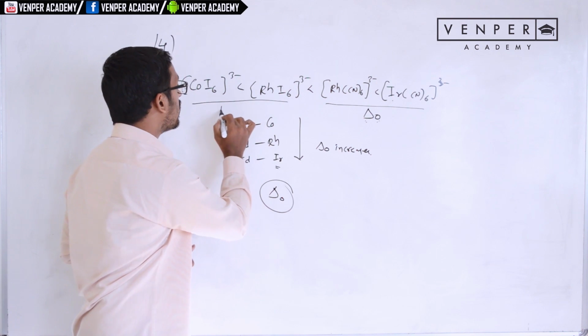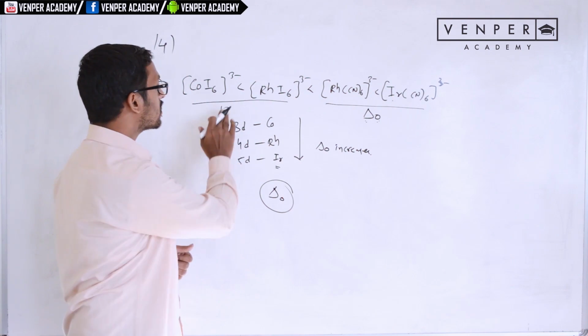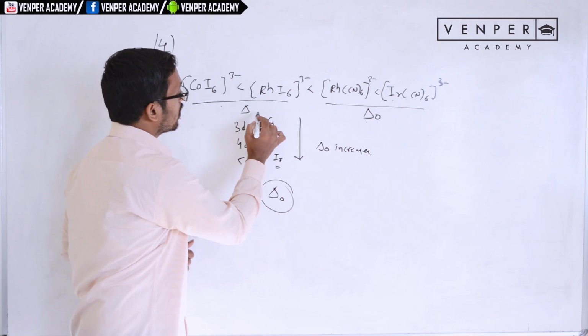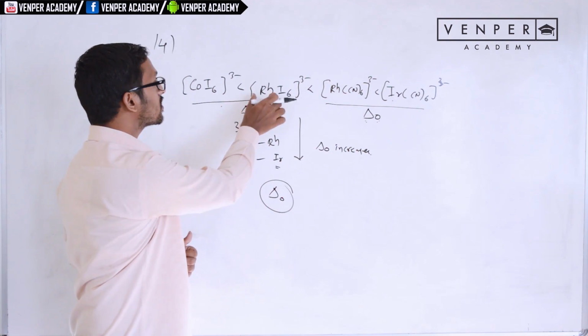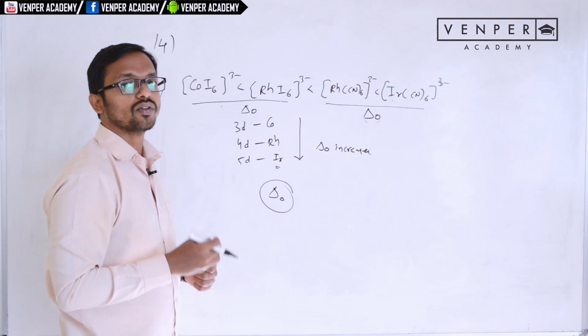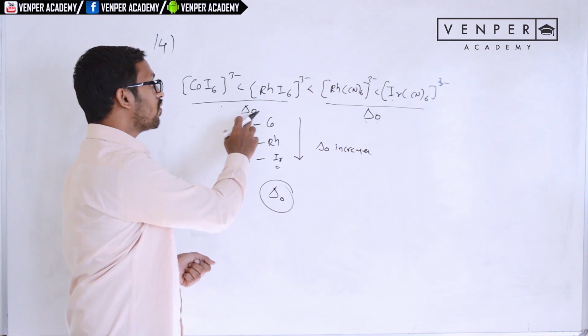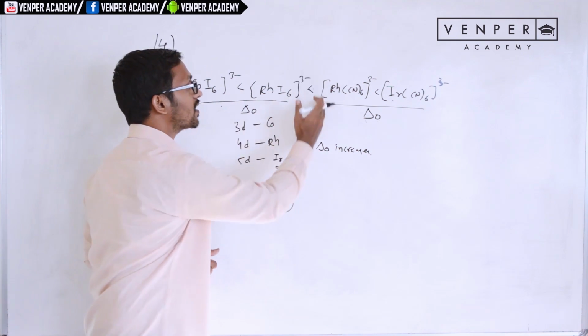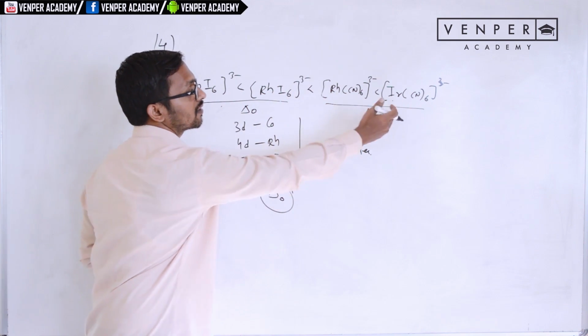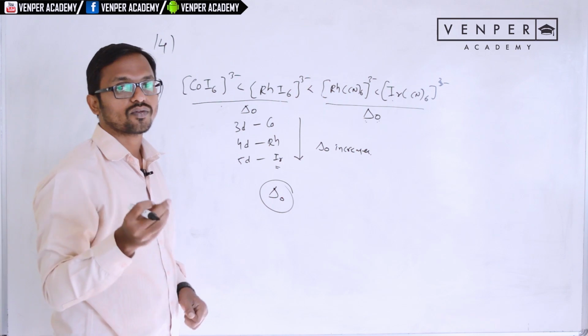This has the weak field ligand. As a result, these delta O values are lesser than these two. Because these are weak field ligands. As we know, when we have weak field ligands, delta O values will be less. So that is the reason why these two have less when compared to the other two compounds which have strong field ligands.